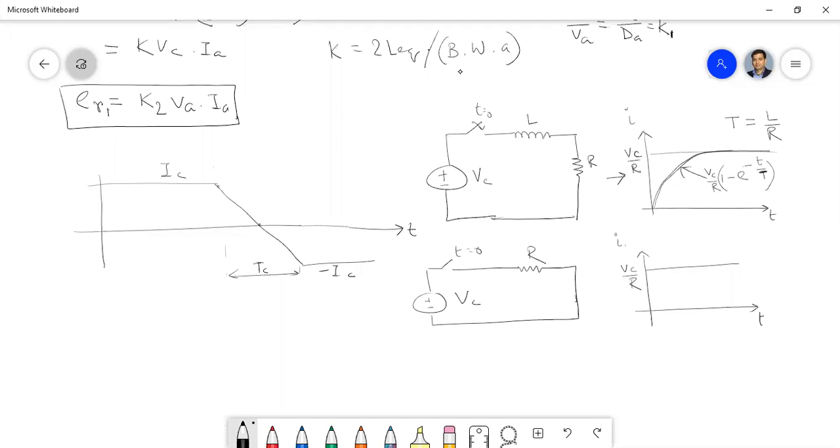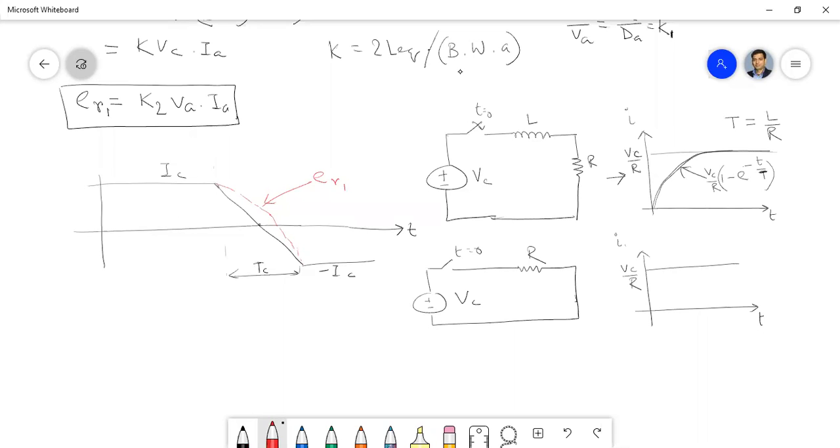So here also we can expect that if the coil inductances are much higher, it will not be like this; there will be some delay. Let me draw this. There will be some delay in the commutation, so delayed commutation will occur due to this reactance voltage.